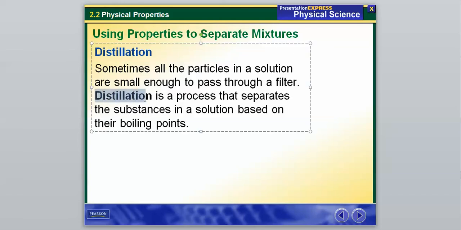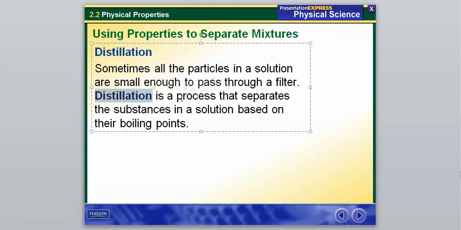I'd make sure I write this down. Distillation is a process that separates the substances in a solution based on their boiling points. What you do in distillation basically is you heat up a material, and remember we learned earlier that a physical property is boiling point, so different substances have different boiling points.